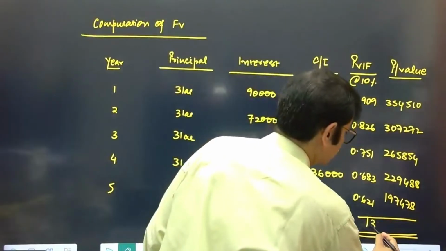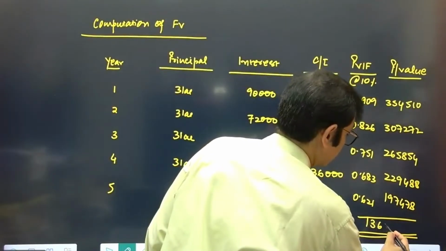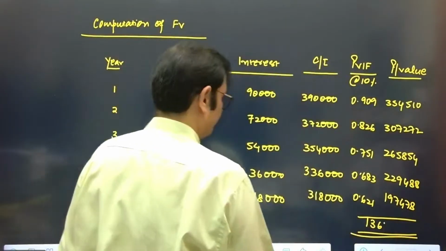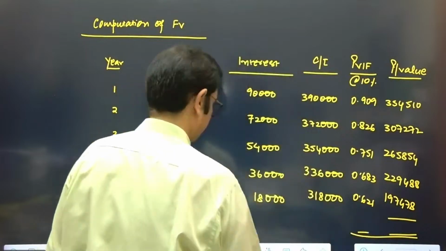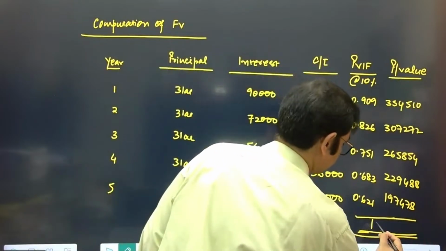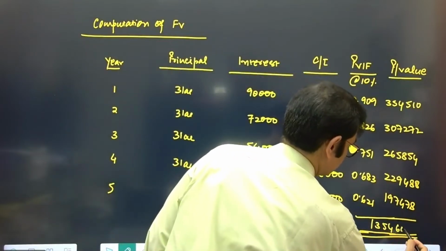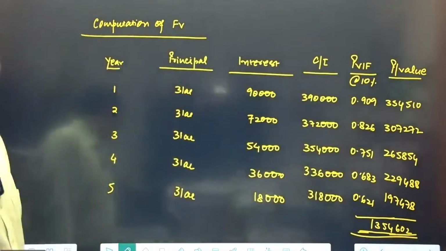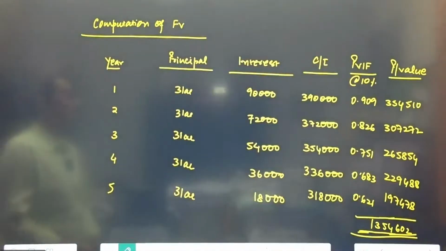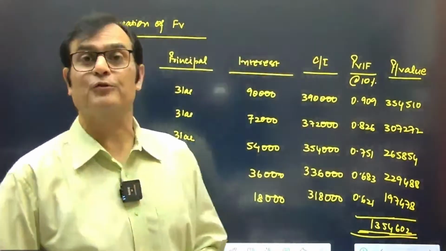Okay, 13 lakhs 54,602. Okay, great, wonderful indeed. So 1354,602 becomes the present value of all the future inflow.